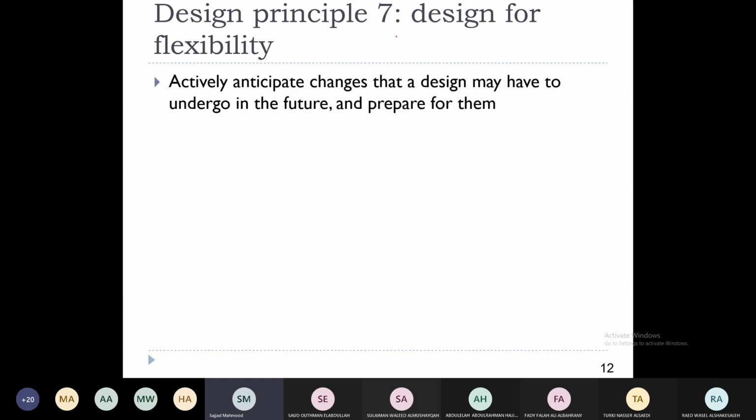When we're designing our applications, we also have to anticipate change, because of course we all know that systems change, they go through different maintenance phases, and new functionalities need to be added, and so on. So when we are designing, we have to keep flexibility in mind as well.